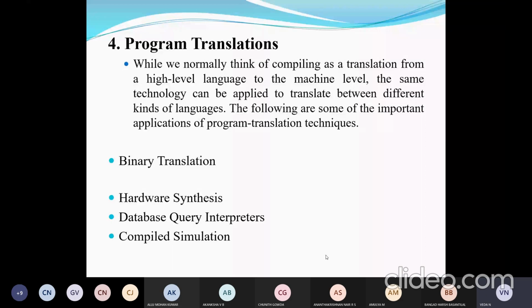Now there are certain high-level hardware languages also. They are called high-level hardware description languages, like Verilog and VHDL. Some hardware functions are written in these languages, and that has to be taken care of also. Hardware designs also have to be taken care of for equal participation of the compiler functions.